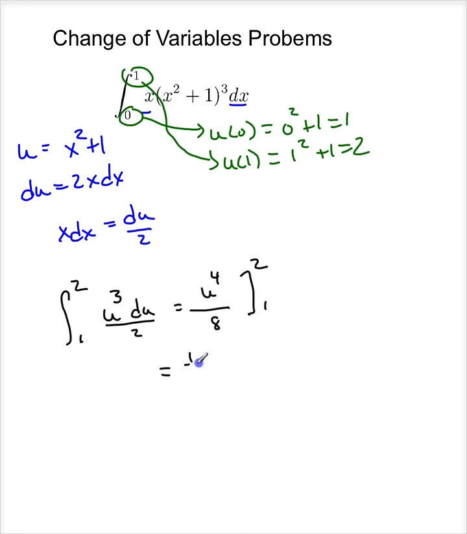So now this is 1/8 times 2 to the 4th minus 1 to the 4th. So this is 1/8 times, 2 to the 4th is what, 16 minus 1. So this is 15/8.